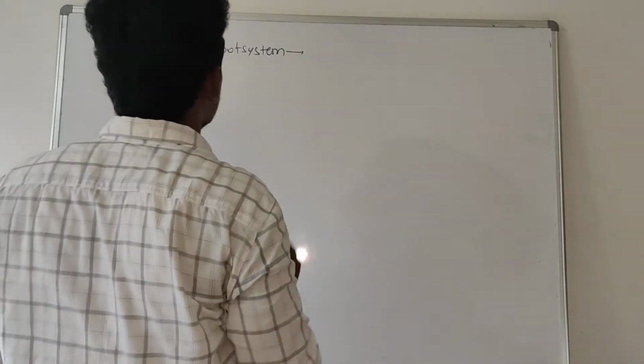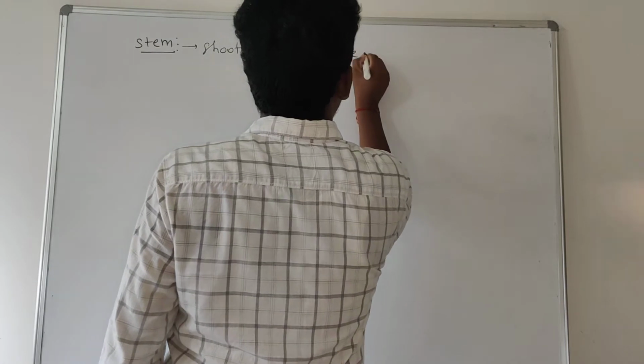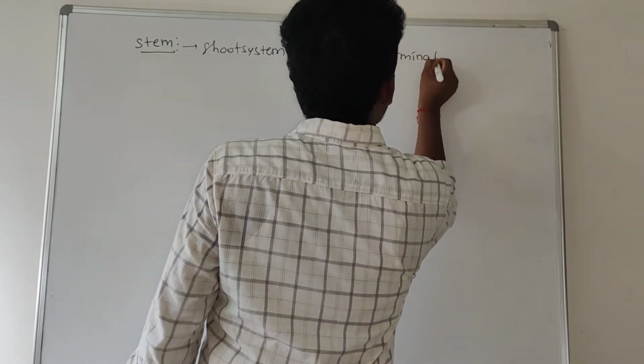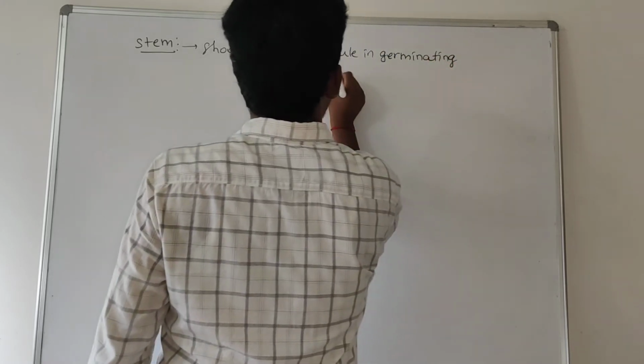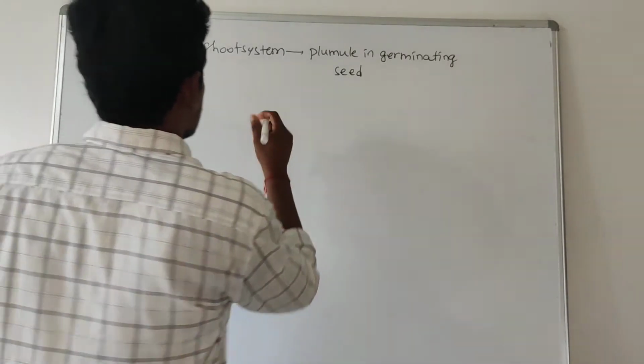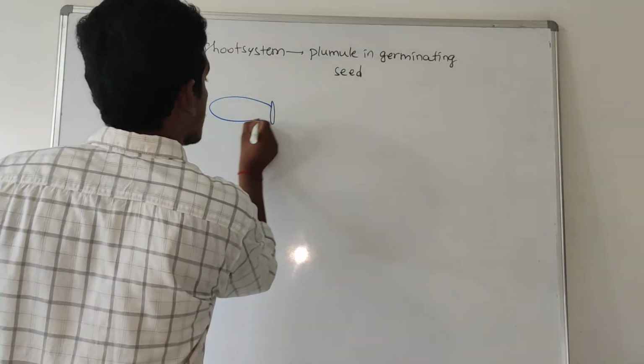That shoot system develops from the plumule in a germinating seed. See, this is a dicotyledon seed.